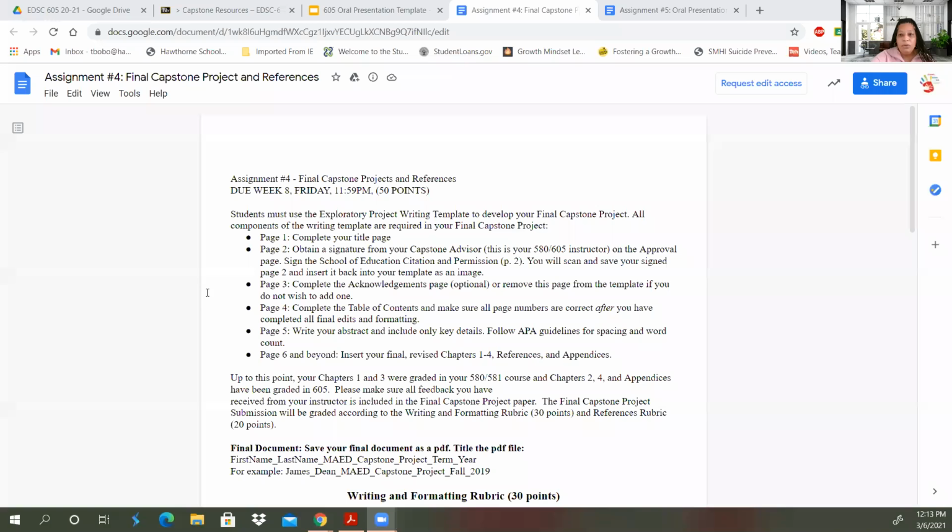Finally, you need to take a look at assignment 4, and that is due our last week on Friday. Remember, we have a short week, and so our last assignment is due on Friday. At that point, you're just putting all the finishing touches on the project and incorporating any additional graphs or appendices in there, and making sure that you have your title, your abstract page, all of the things that are found in the capstone research writing template.